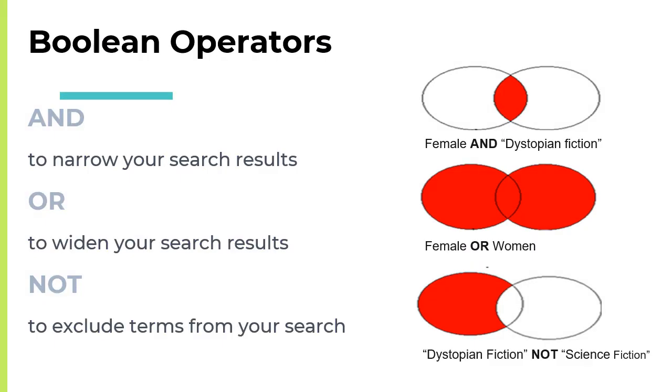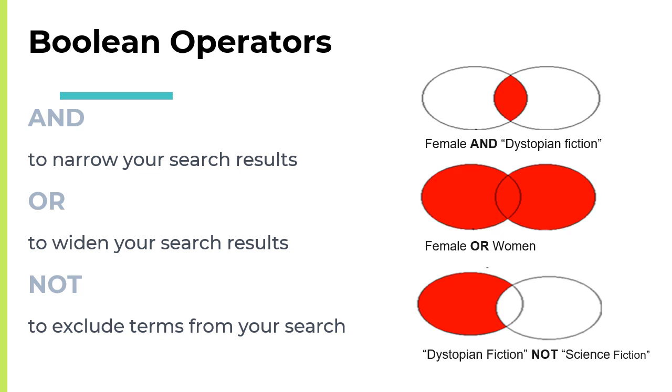When you are searching databases, you can combine your search terms with and, or, and not. If you add terms together with the word and, that will only return results that include every single term you have listed. If you include the word or between your terms, that will return results that have any of the terms.